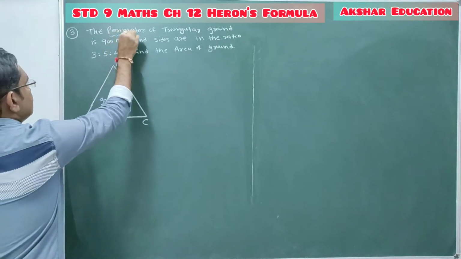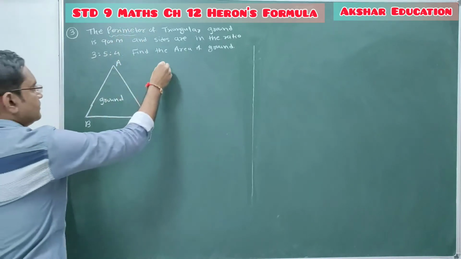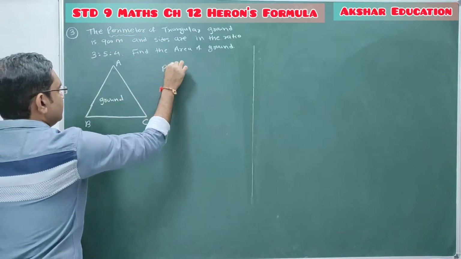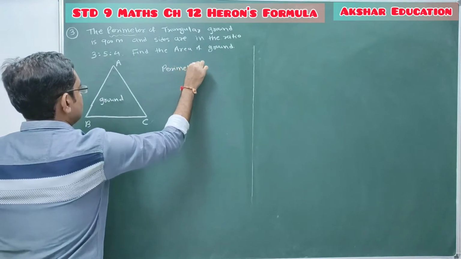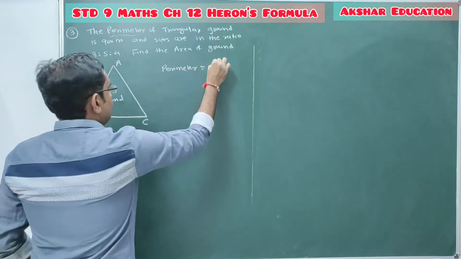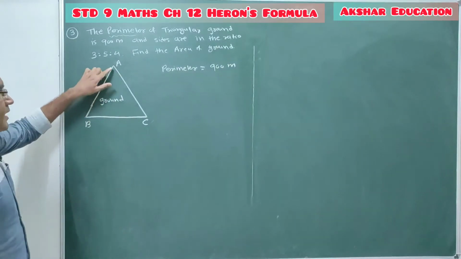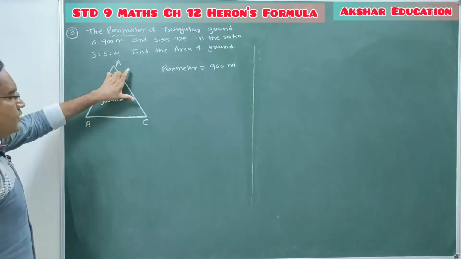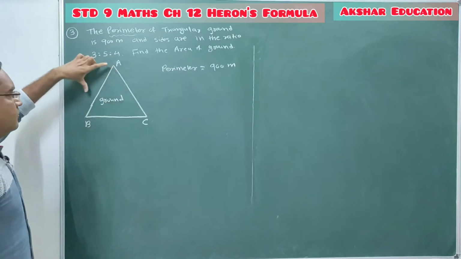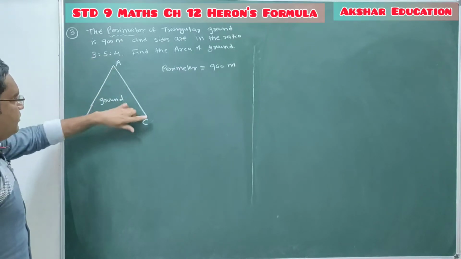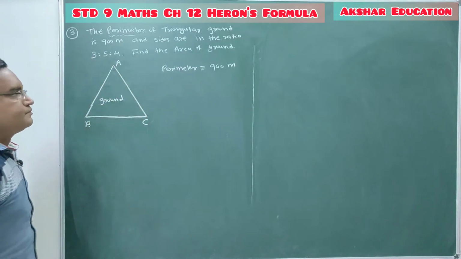The perimeter of this ground is given, so perimeter is 900 meter. What is perimeter? It's the sum of all three sides: AB plus BC plus AC. Sum of the lengths of all three sides is known as the perimeter of the triangle.